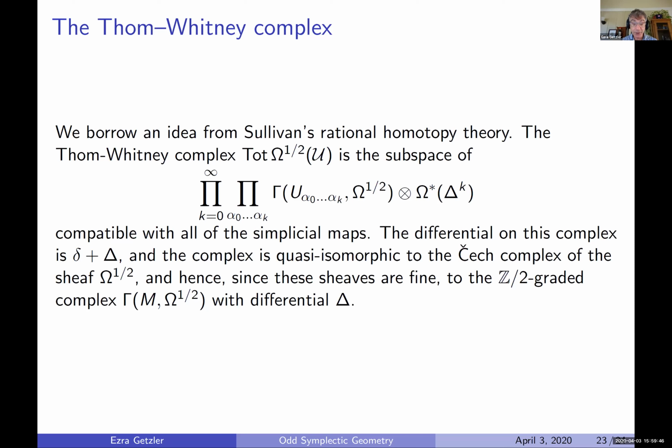So I have to rush over that part. This has a differential, which is the de Rham differential in the simplex directions plus the Khudaverdian differential in the half-form directions. And this complex is quasi-isomorphic to the Czech complex of the half-form sheaf. Well, in our setting, these sheaves are all fine, so it's just quasi-isomorphic to the sections of the half-forms with differential delta. So I'm going to define a trace on this complex.